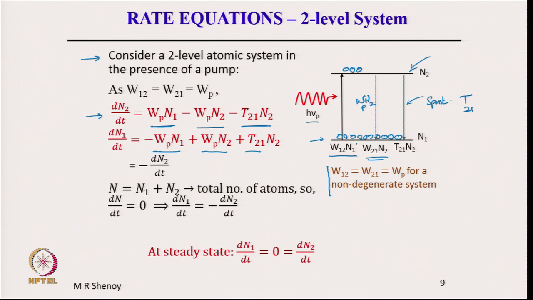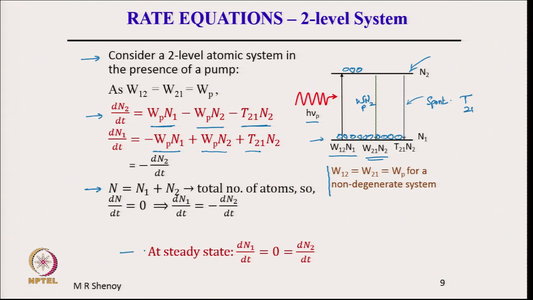That is true because we have a 2 level system, which means the total number of atoms N is shared between the 2 levels. So, we have N1 plus N2 equal to the total number, dN by dt equal to 0, because the total number of atoms is constant, which implies dN1 by dt is equal to minus dN2 by dt.